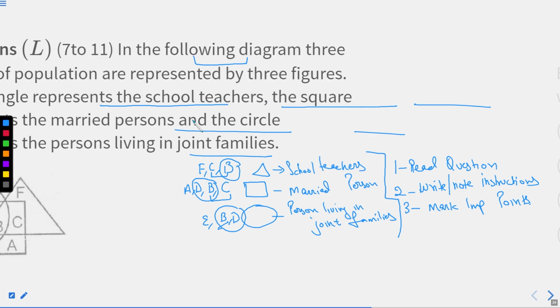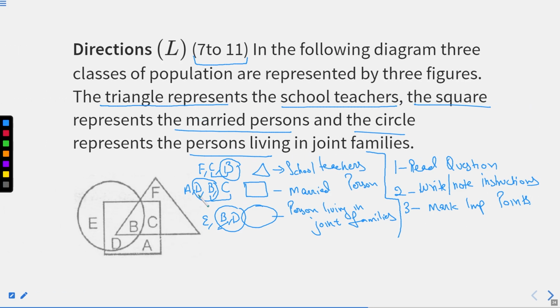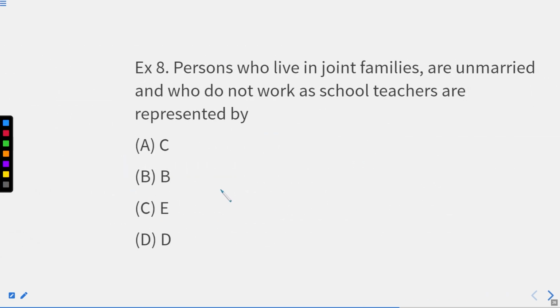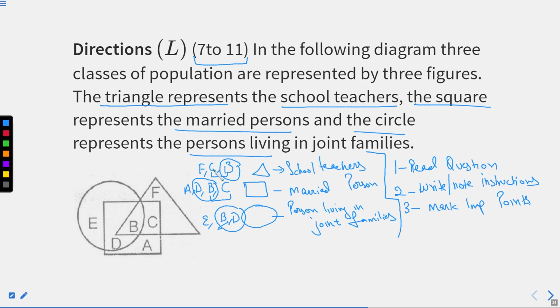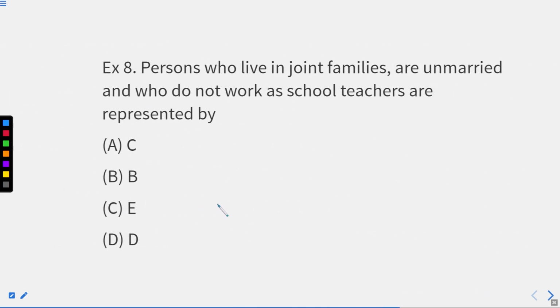First of all, what do we need? They are unmarried. We know that B and D are married, so we'll remove B and D. And they do not work as a school teacher. Who all are school teachers? F, C, B. So we remain with only E, right?